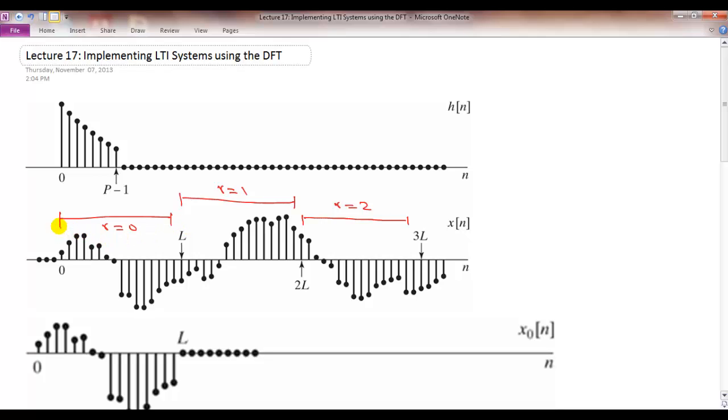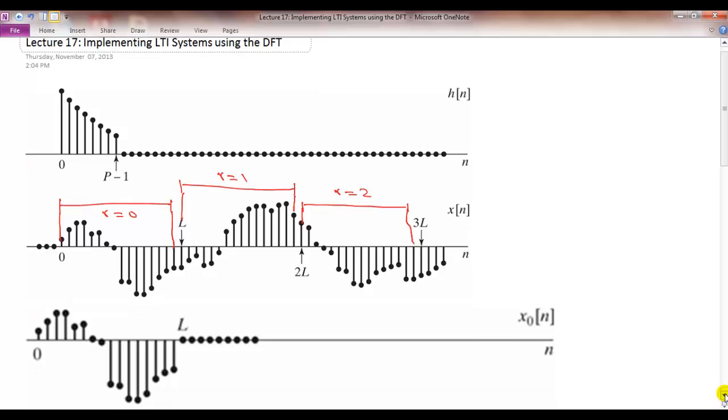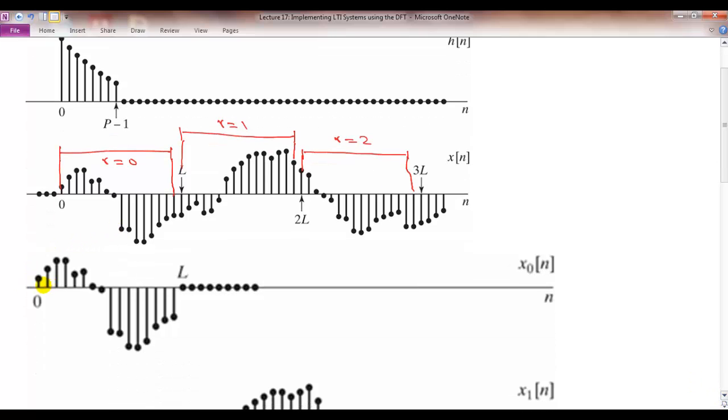So this one goes from 0 to L minus 1. The next block goes from L to 2L minus 1. The next one goes from 2L to 3L minus 1. And so forth. Okay? And then we define x_r[n] to be this block shifted to 0. So x_0[n], of course, is that block from 0 to L minus 1.